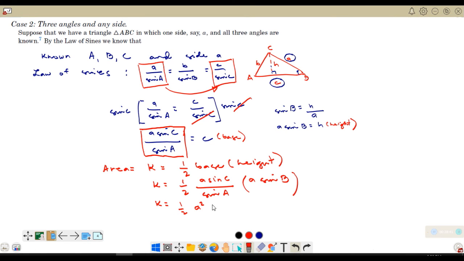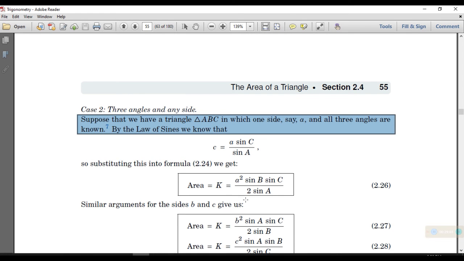So, i-alphabetize ulit natin sila. We have sin B sin C. Okay. So, dito sa ilalim, we have sin A. Ngayon, baka magtaka, ba't nagkaroon ng 2 dito, ma'am?